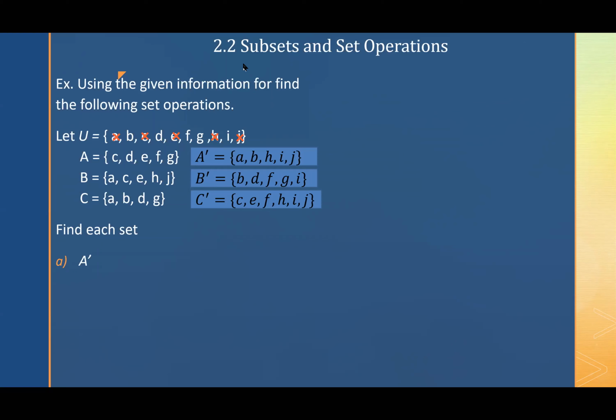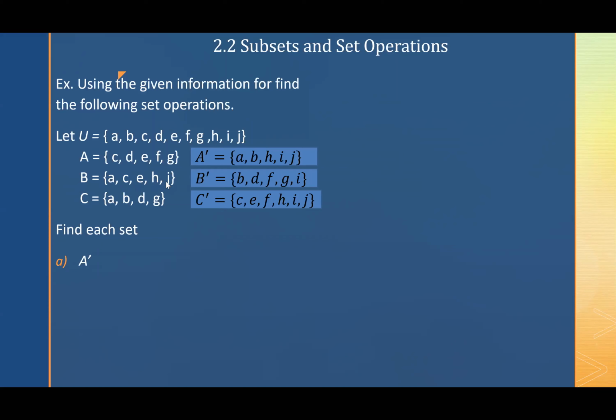And vice versa for C. What is in C? In C, we have A, B, D, and G. Looking at this, what is left over is C, E, F, H, I, J. So again, A prime, B prime, and C prime, I can find just like that: all I need to do is cross out whatever is in A from the universe, and whatever is left is A prime.